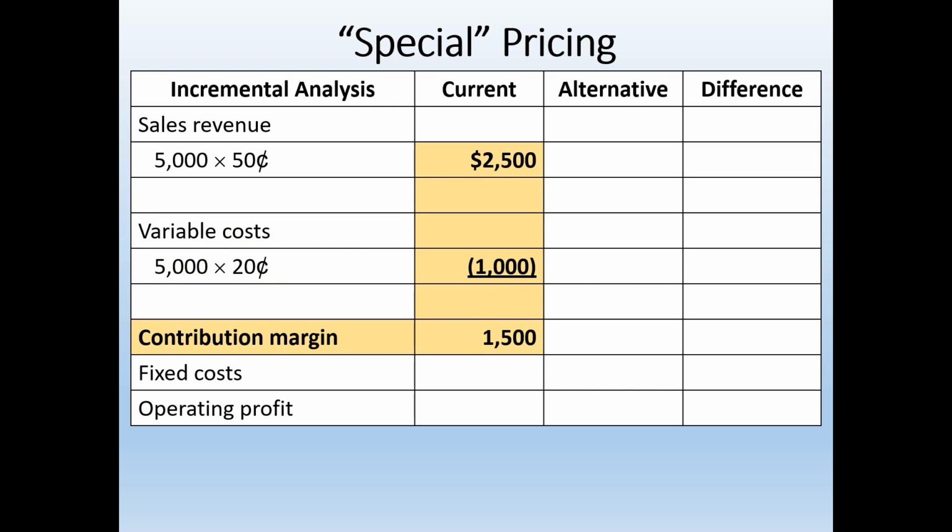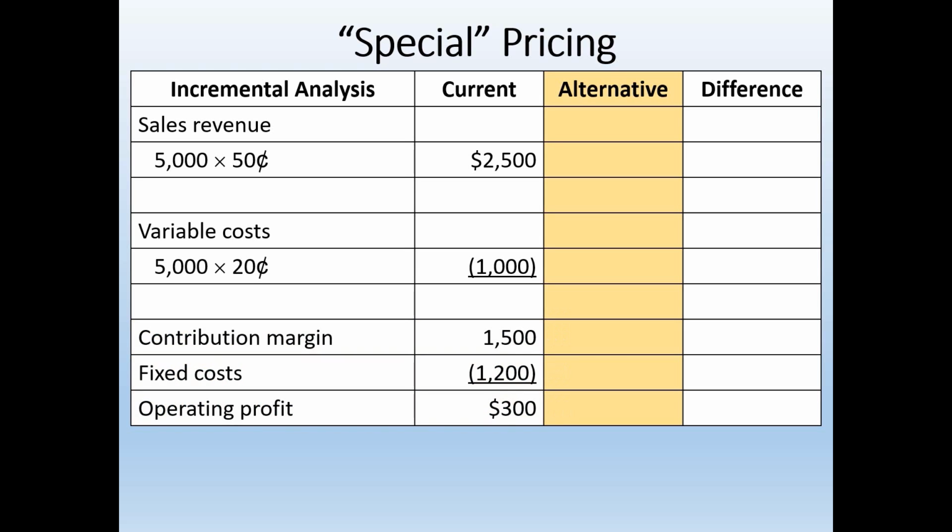Sales revenue minus variable costs gives us the contribution margin. Subtract out the fixed costs to get the operating profit.